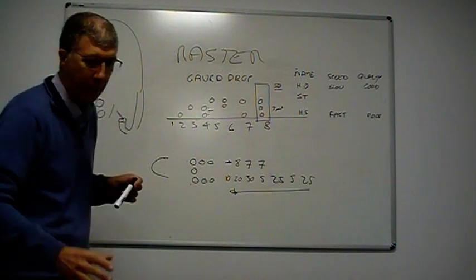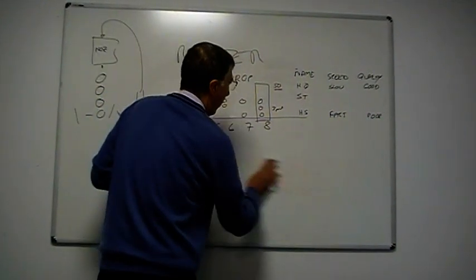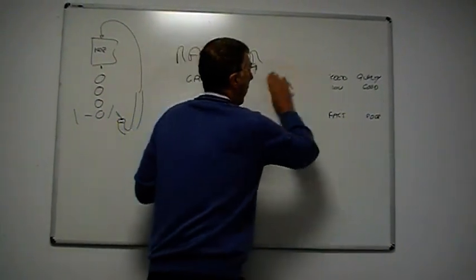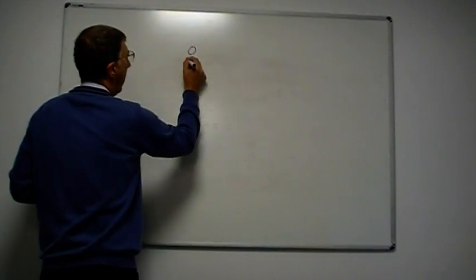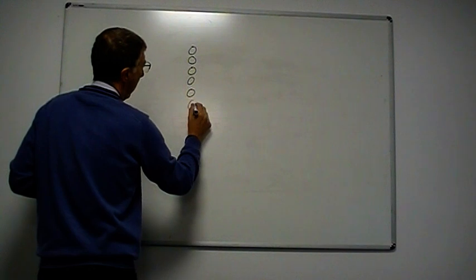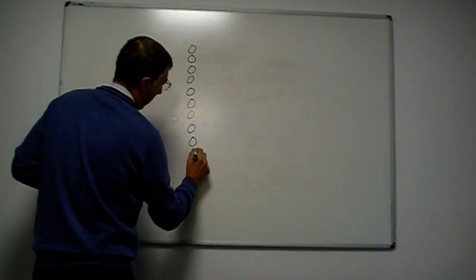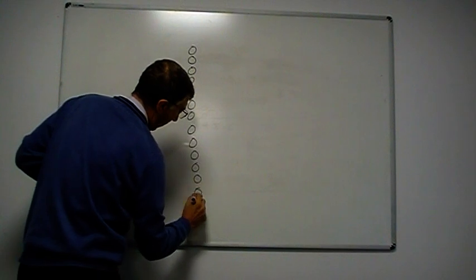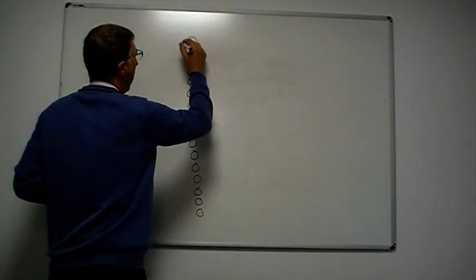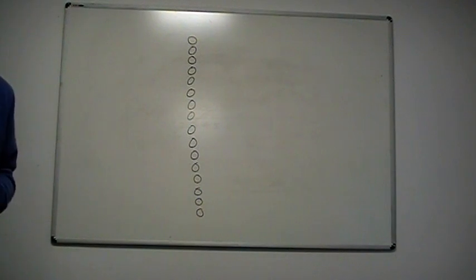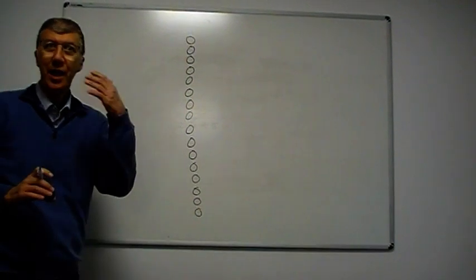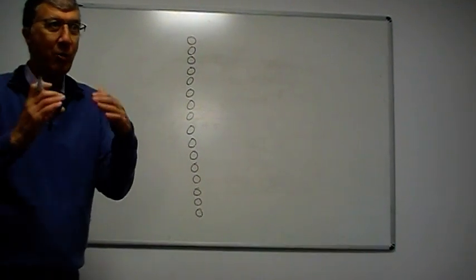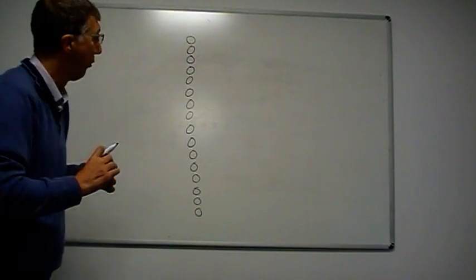But if we end up going to more drops, a 16-drop raster, we can divide it up in many different ways to print many different types of print at the same time, for instance.